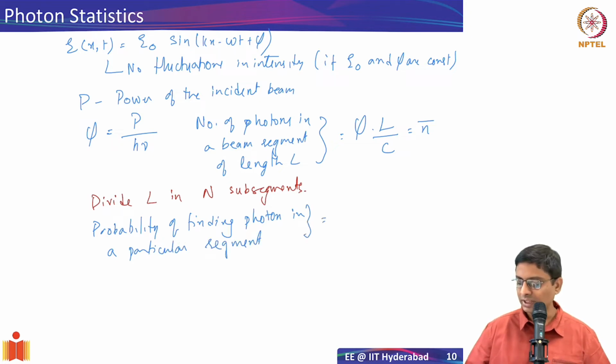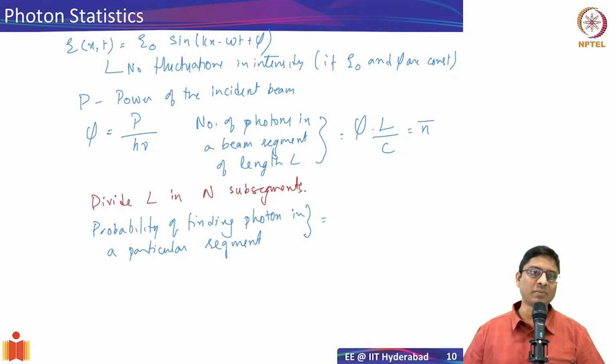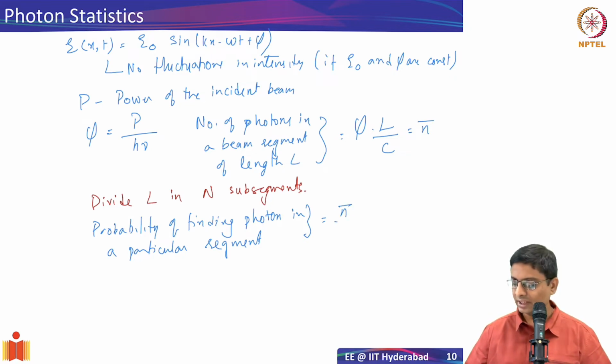This is going to be simply the average number of photons, n bar, divided by the total number of segments, n.